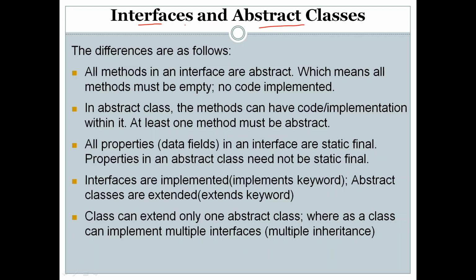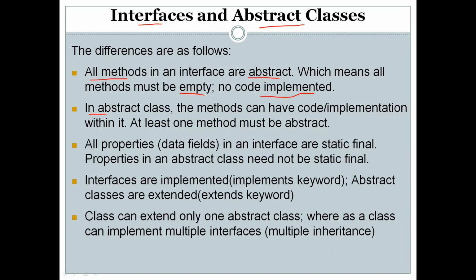The differences between abstract classes and interfaces are, firstly, all methods in an interface are abstract, which means all methods must be empty, with no code implementation. As we know, all the methods present in an interface are abstract, that is, methods without a body.